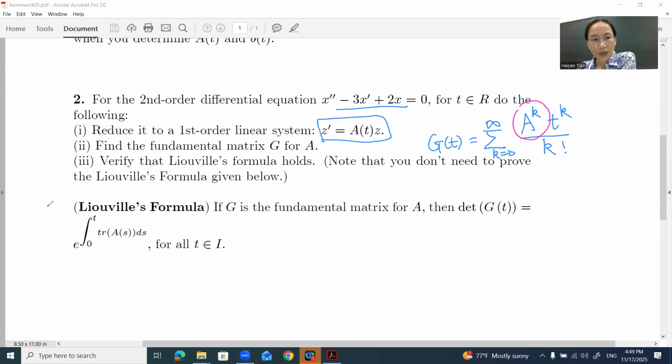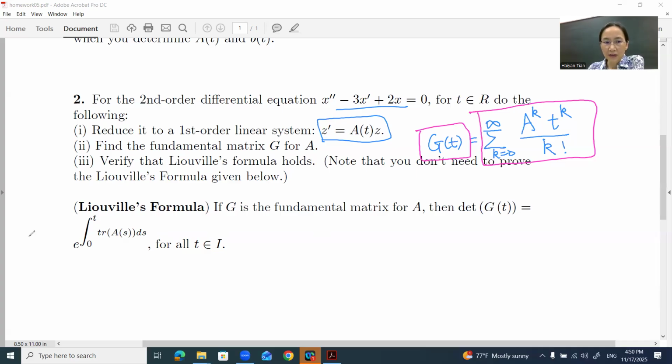Then once you find that, you can possibly find the fundamental matrix. So if you discover this after you get this summed up, and finally find the fundamental matrix, then can you verify for this particular problem that Liouville's formula is true for this fundamental matrix?